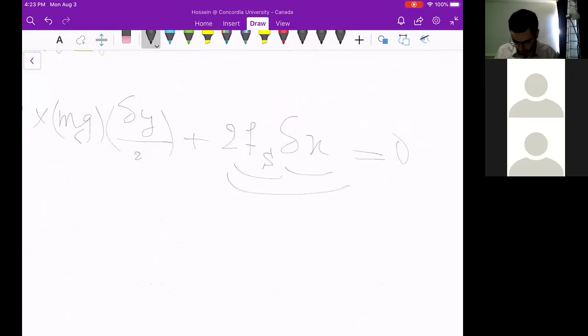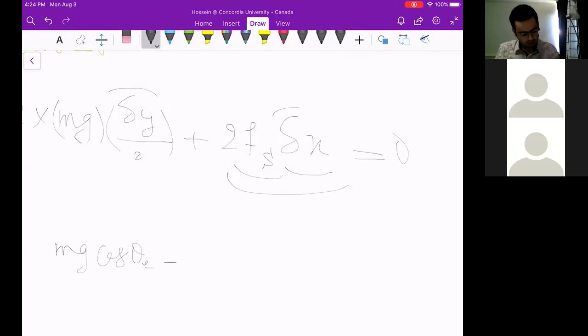Therefore, if you plug in delta x and delta y from the above, you will reach this point: mg cosine theta equilibrium, because we have to assume that at this position, at rest, theta E is the equilibrium static position.